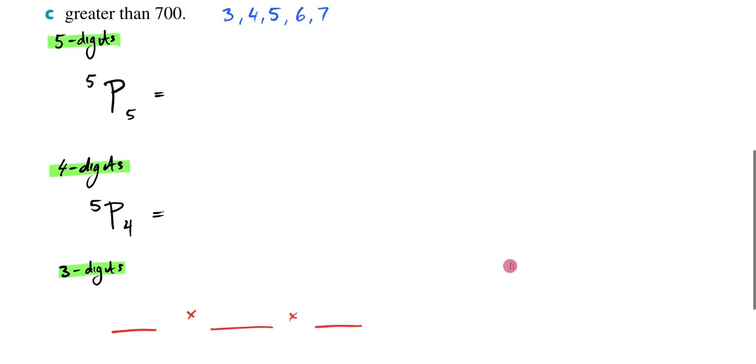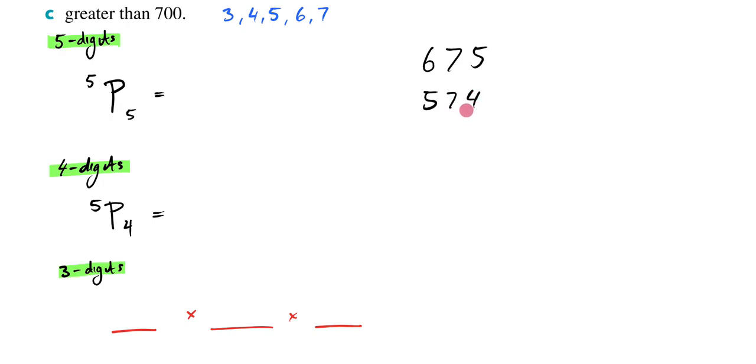Okay. Now, in order for this to be a 3-digit number which is greater than 700, my first number is going to have to be 7. Because if my first number was 6, and then 7, then 5, that isn't bigger than 700. If it began with 5, then no matter what I put after it, it's not going to be bigger than 700.